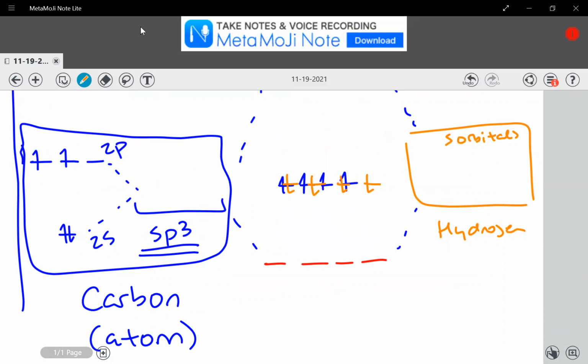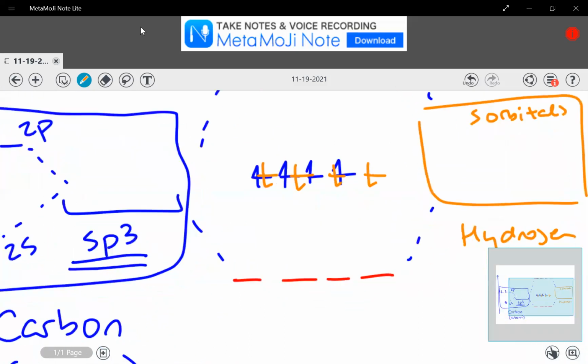Why? Because if we remember from a few minutes ago, molecular bonds are when the hybrid orbitals, or in this case, hybrid orbitals and regular orbitals of two different atoms combine, and they create a molecular orbital.